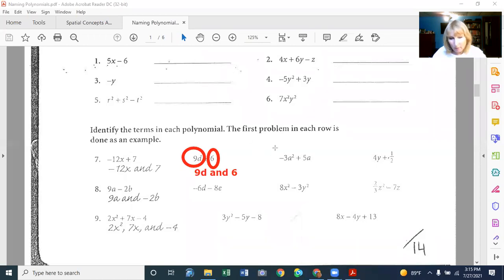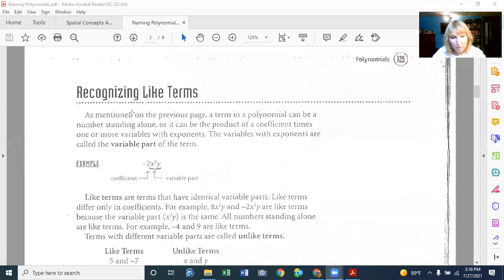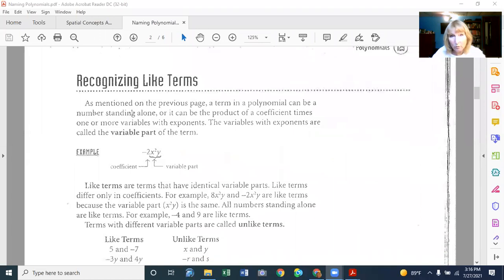The next one in that row, I have a negative 3a squared and a 5a. So I would write negative 3a squared and 5a. So you're going through and just finding all of the terms in those different polynomials. Hit clear. Go on from there to the next page, recognizing like terms.